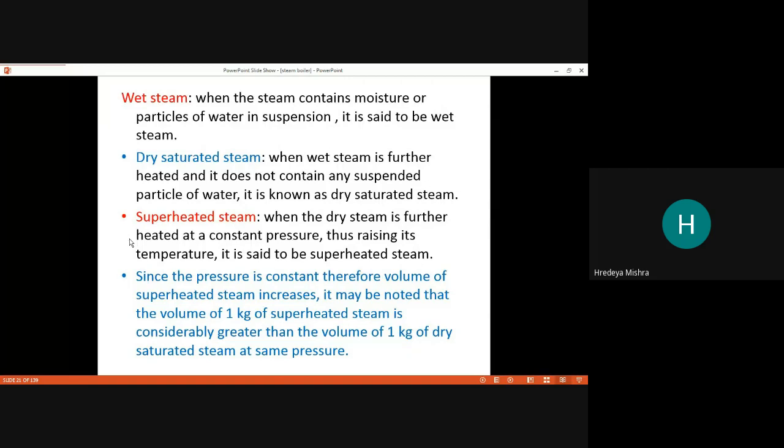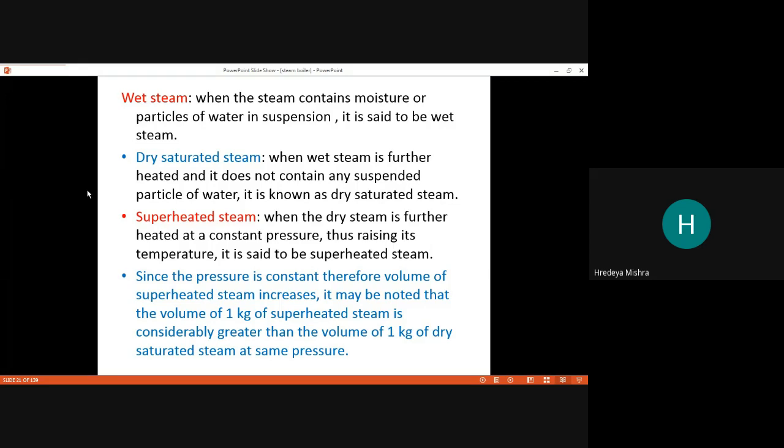Dry saturated steam: when wet steam is further heated and does not contain any suspended particles of water, it is known as dry saturated steam. Superheated steam: when dry steam is further heated at constant pressure, thus raising the temperature, it is said to be superheated steam.